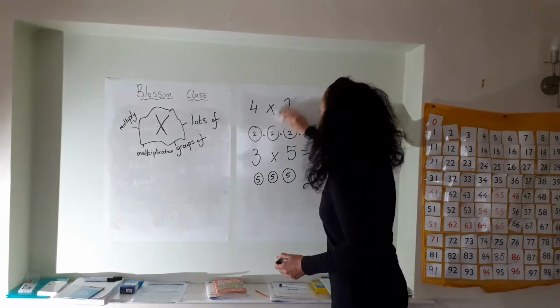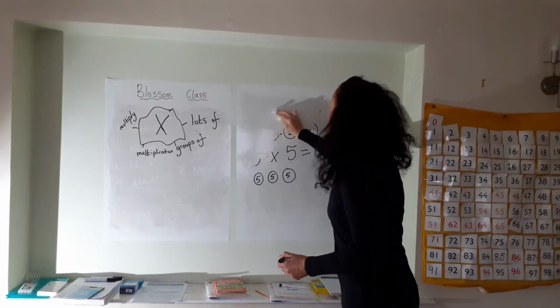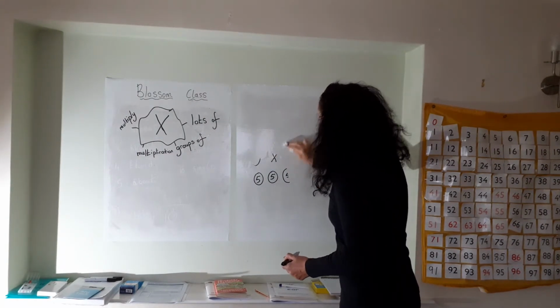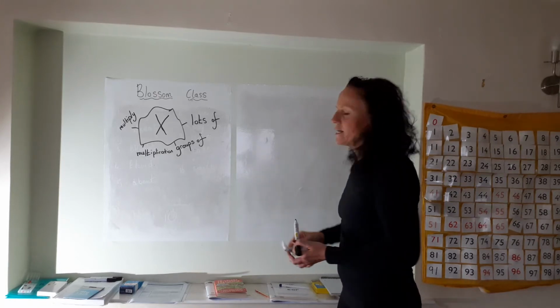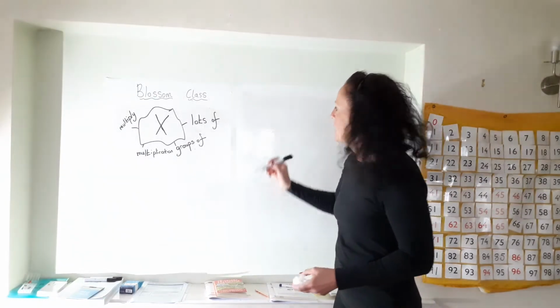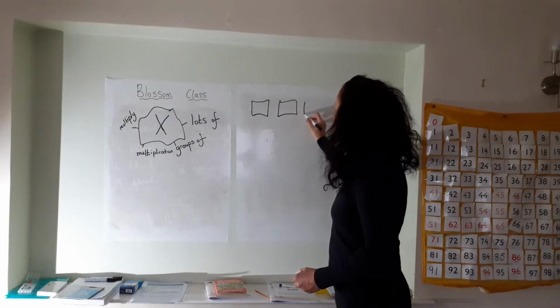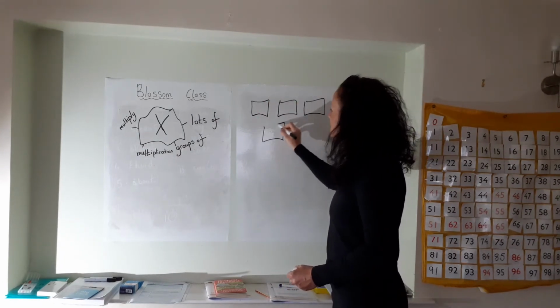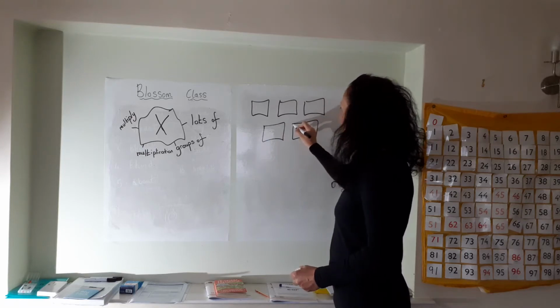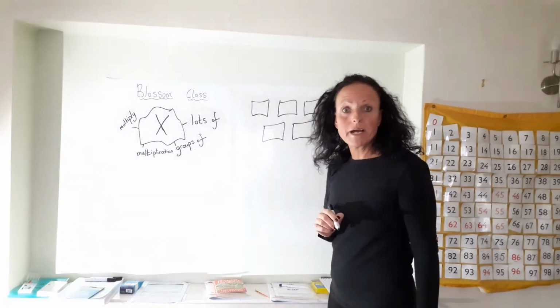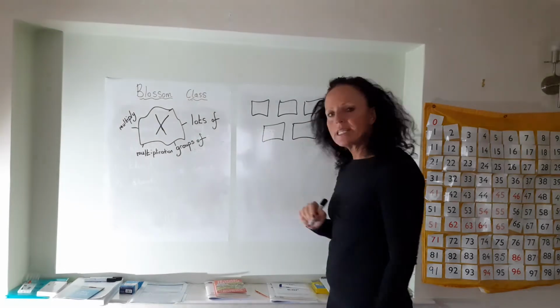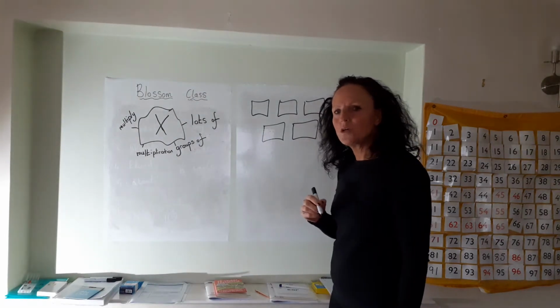Well done, okay. So Mrs. Shaw is going to draw something on here, and I'm hoping that you're going to say, oh yes, I know what I can do there. Okay, so these are my boxes that I have got in my shed, in my garden. And inside, I'm going to make it easy for you again.